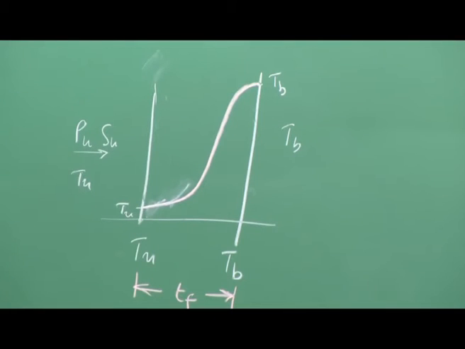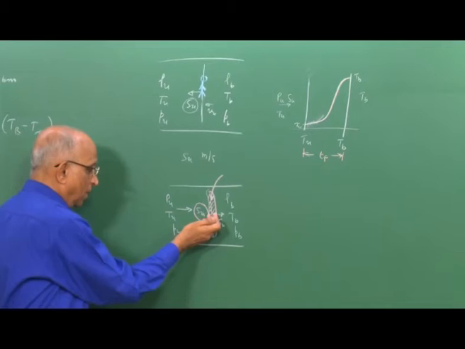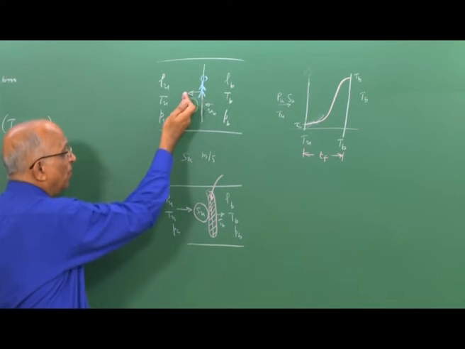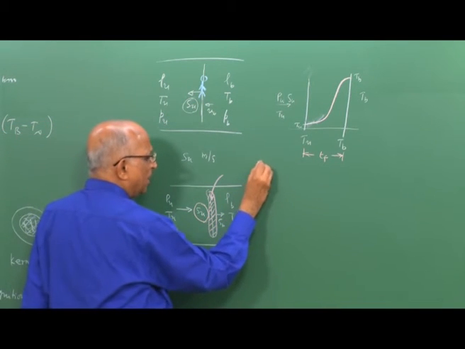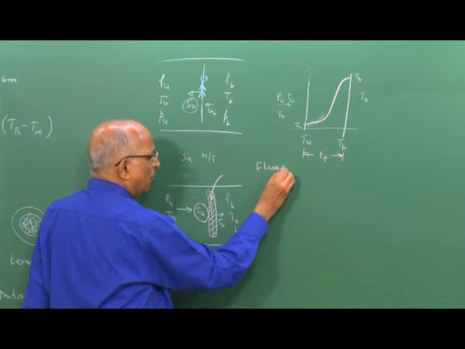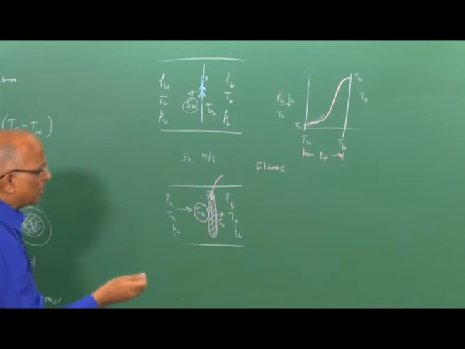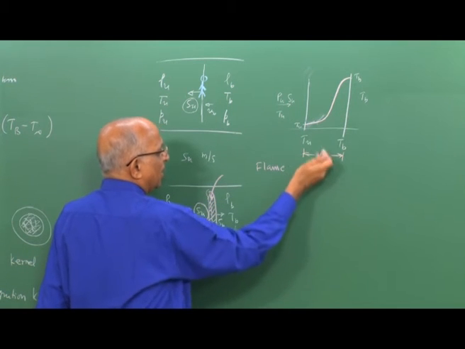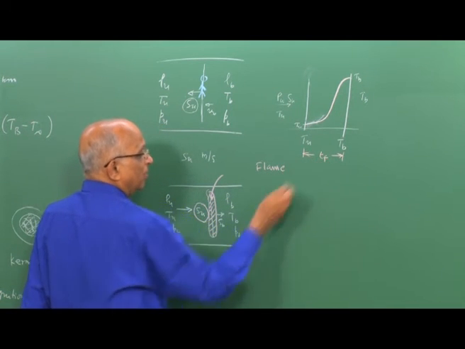Very often we call the combustion front which is moving over here a flame. That means a flame is a region of chemically reacting gases which generate heat and light, and that is what we observe. We are talking of the thickness of this particular combustion front.